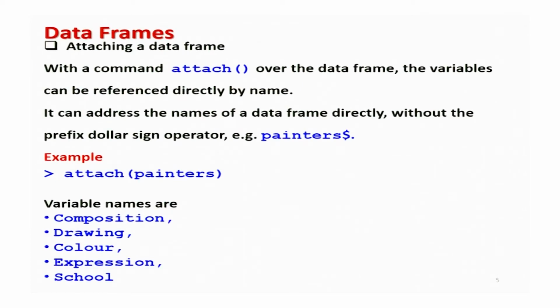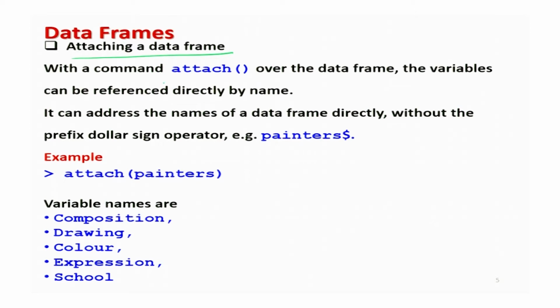For that we use the concept of attach, and we attach the data frame. Once you attach a data frame, all the variables contained in that data frame can be accessed directly by their names.